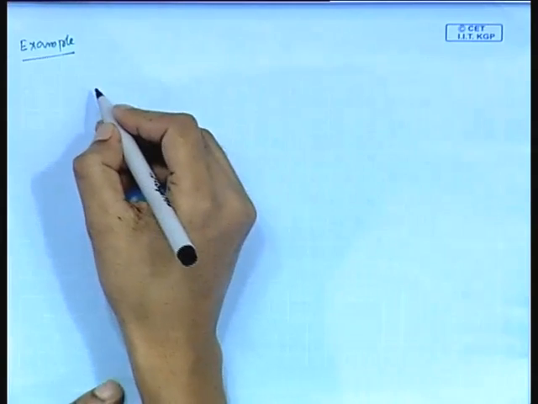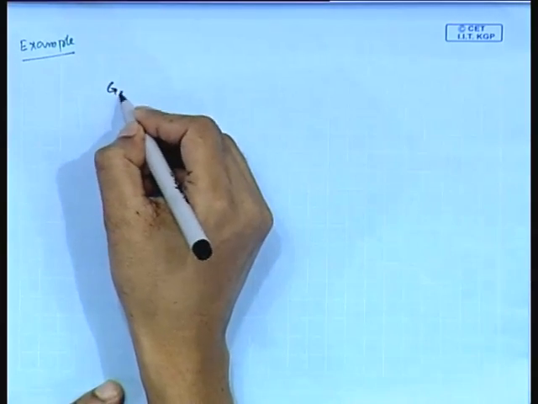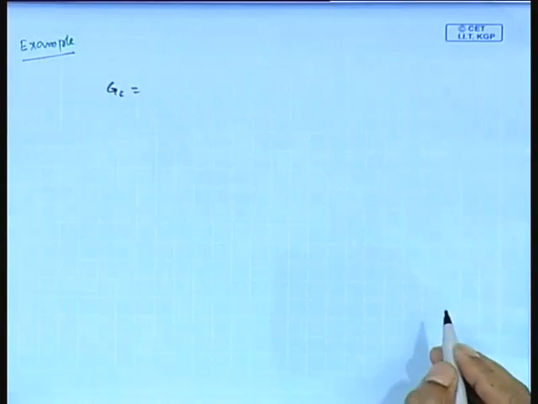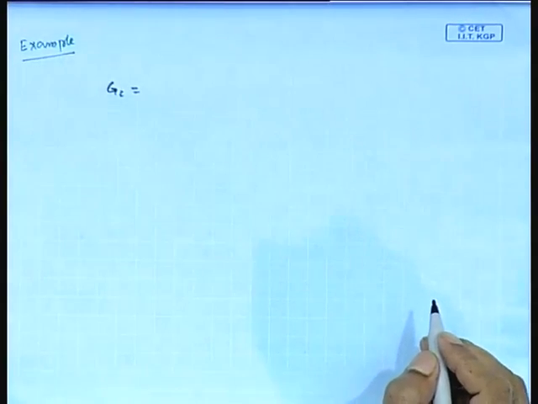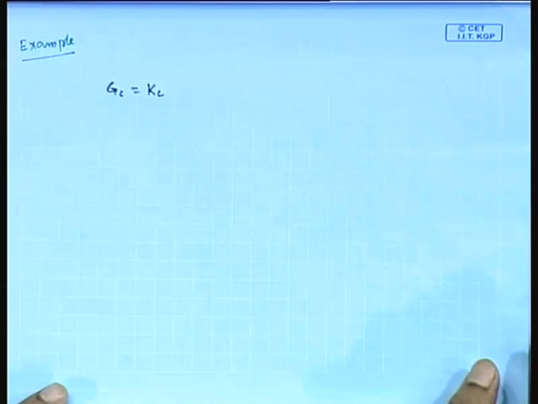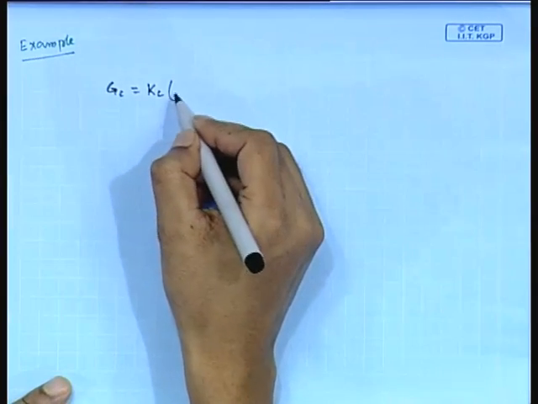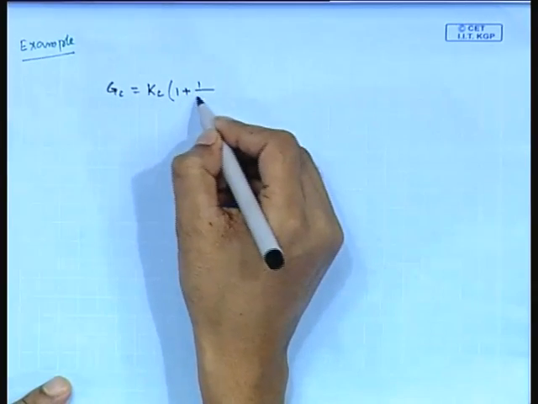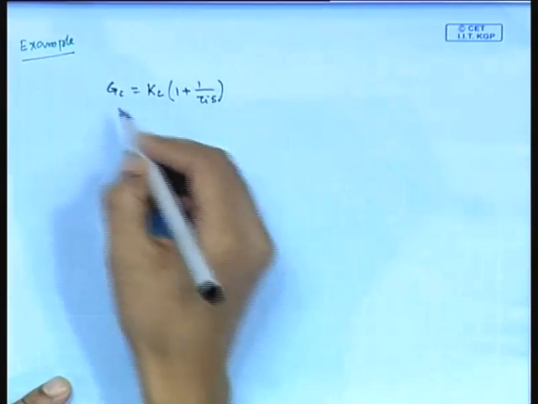So in this example, first we will consider one closed loop block diagram, and we consider a PI controller which has the transfer function Gc equals Kc times 1 plus 1 divided by tau I s.